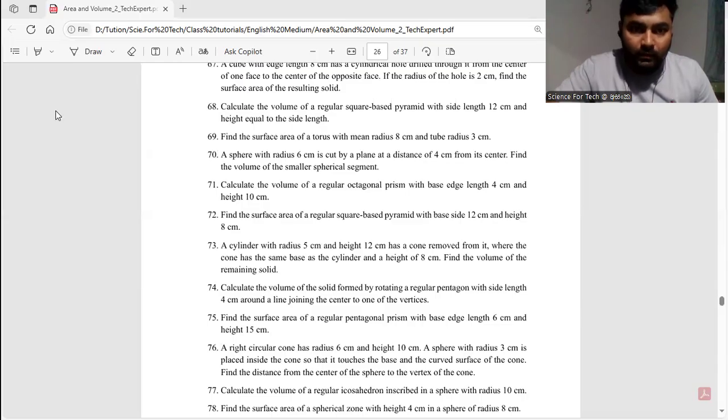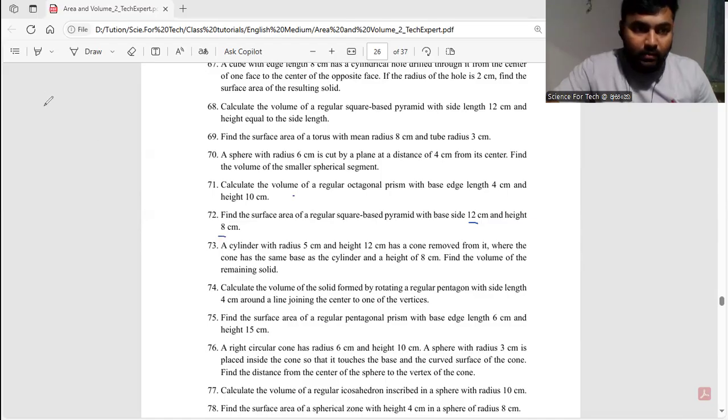Look at this one. Here you are asked to find the surface area of a regular square base pyramid with base side 12 centimeter and height 8. This type of calculation you cannot do because in our syllabus we only have the scenarios where base and height are equal.